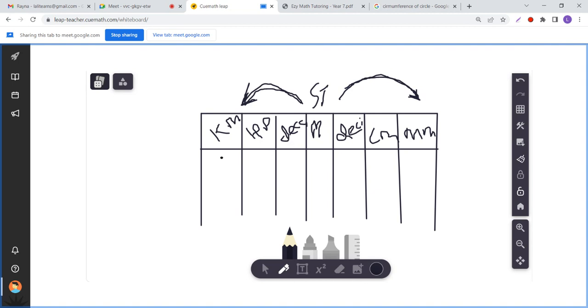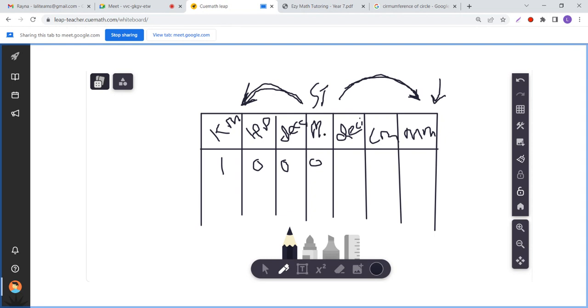So if I write down 1000 over here, it represents 1000 meters is equal to 1 kilometer, because under kilometers you're having one. Now my first question was how many meters make a millimeter. Millimeter is a smaller unit, so it cannot be thousand.